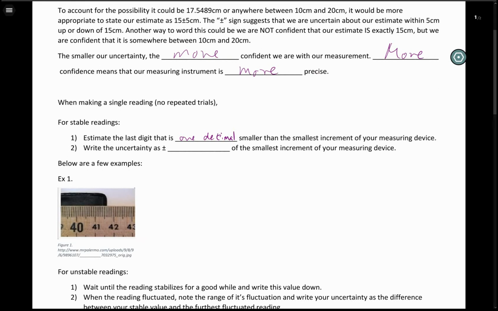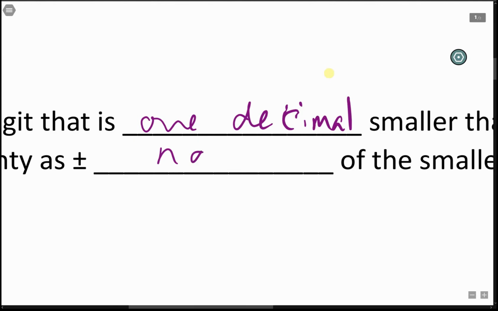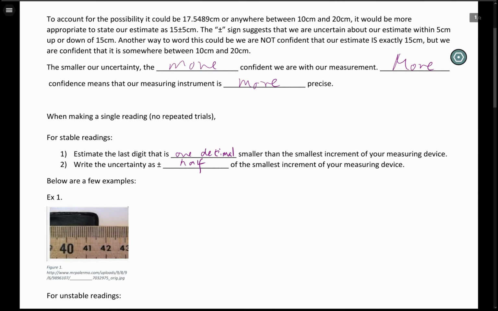Don't worry, we'll look at an example soon. Number 2, write the uncertainty as plus minus half of the smallest increment of your measuring device.